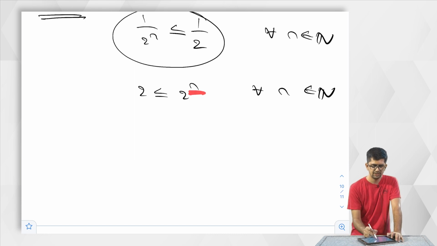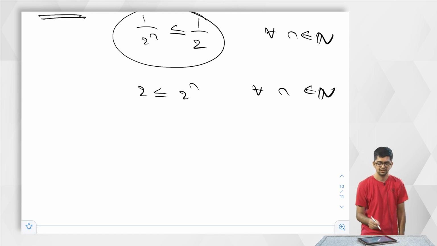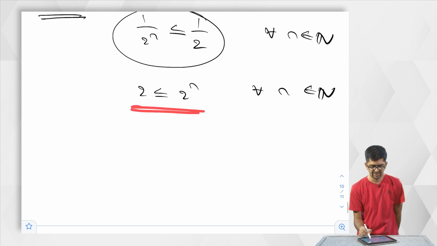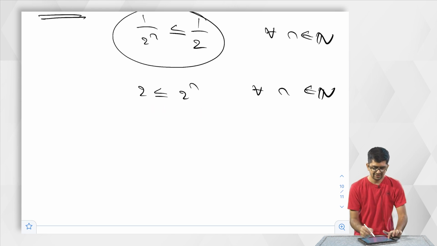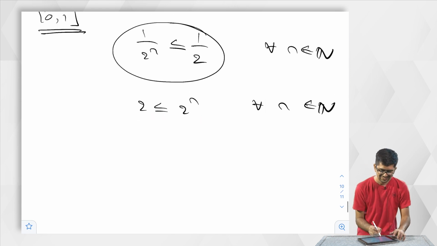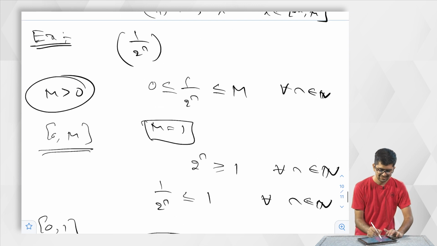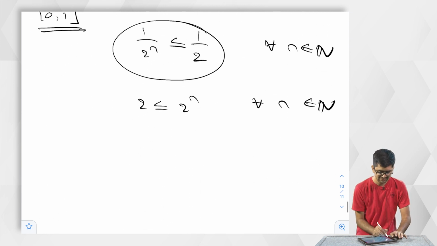For n is equal to 1, this is 2. For n is equal to 2, this is 2 square is 4, and by induction one can always prove that this is the case. So nice, the happy thing is that this sequence is entirely inside [0, 1/2].